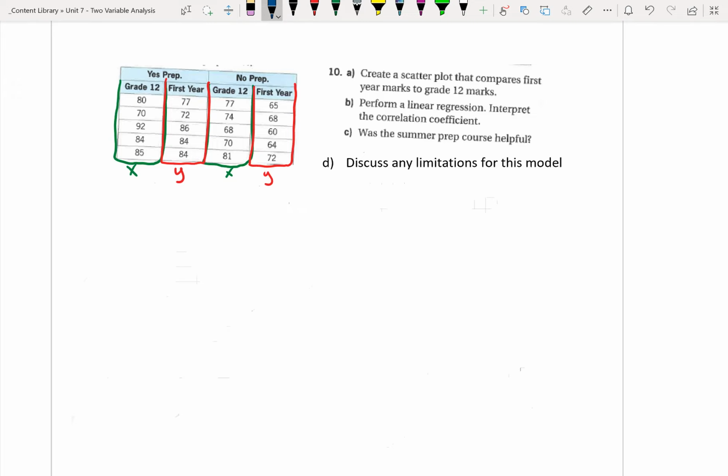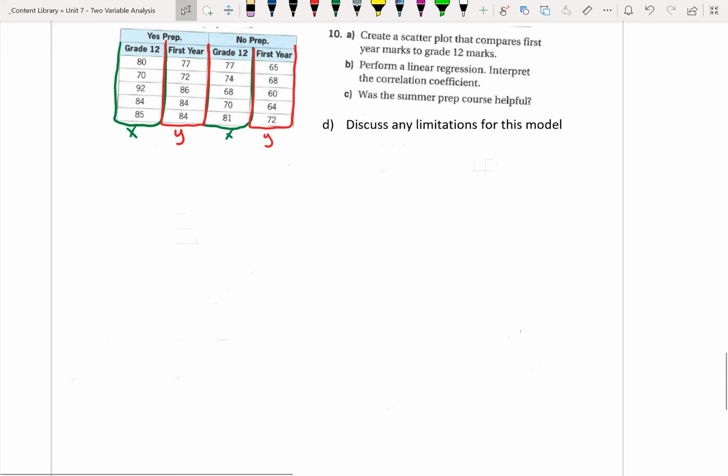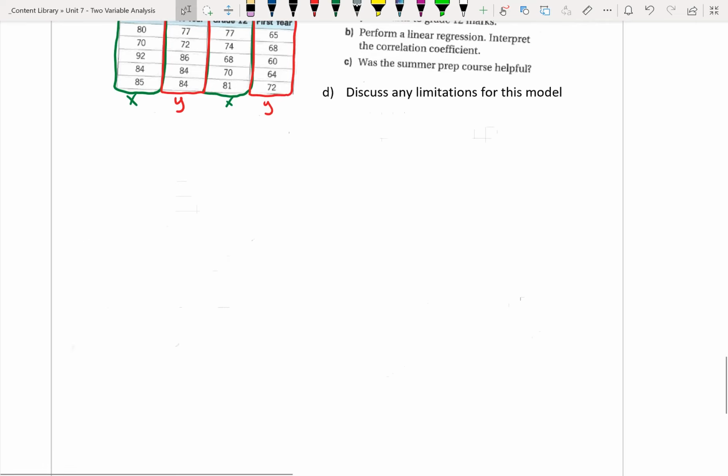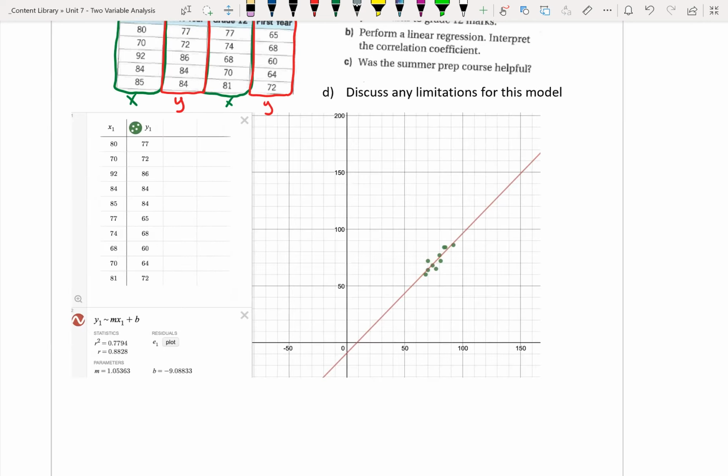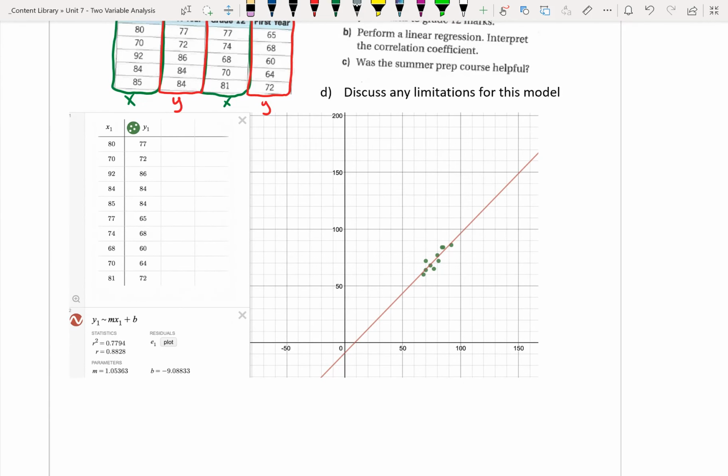So the first thing we want to do is create a scatter plot, and then perform a linear regression. Rather than using our graphing calculator, we can do this on Desmos, because this is a lot simpler to use and you don't have to worry about owning a graphing calculator. When you create your scatter plot and linear regression, you should have something that looks like this. We have our X values on one side, our Y values on the other.